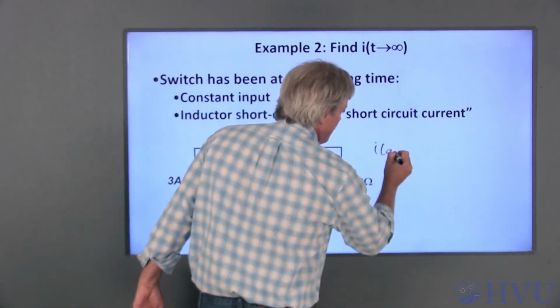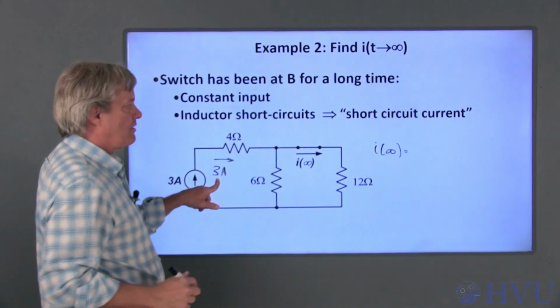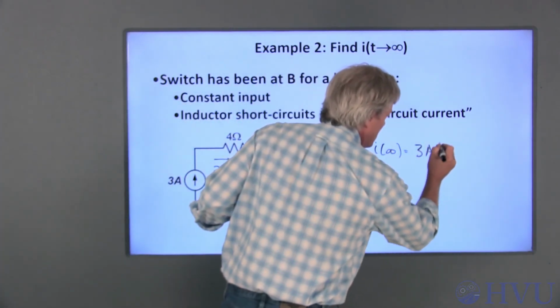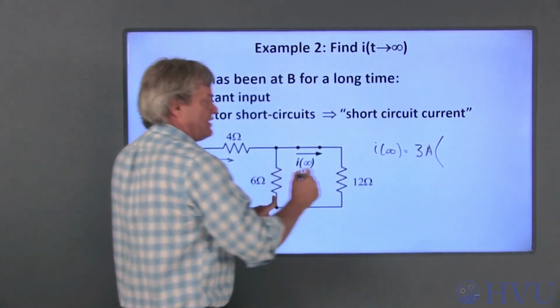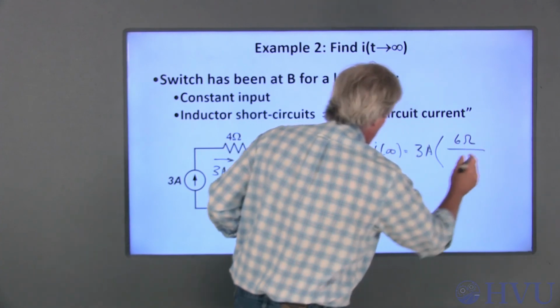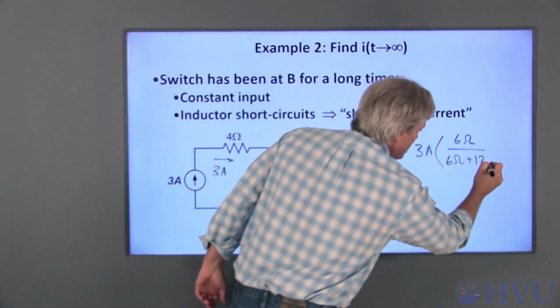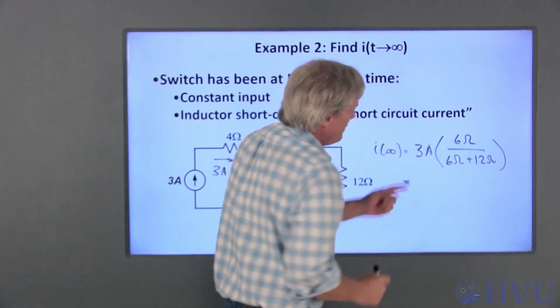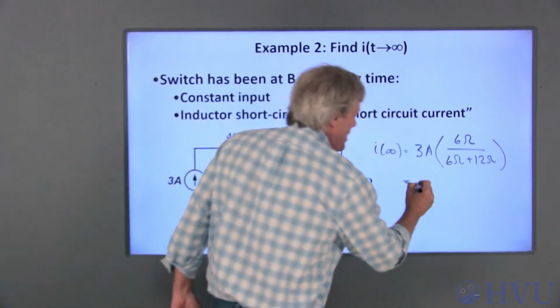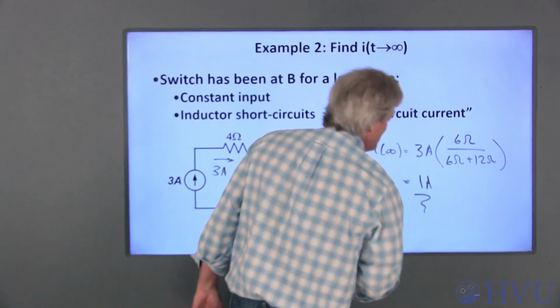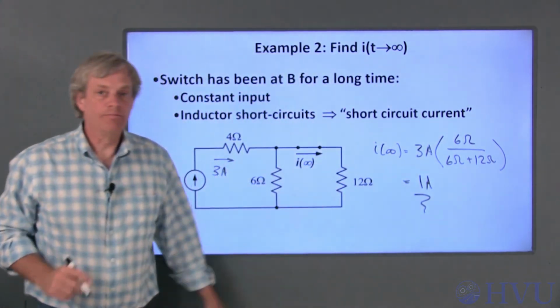So I at infinity is the total current, 3 amps, times the other resistance, which is 6 ohms, over the sum of the two resistances, 6 ohms plus 12 ohms. This is 1/3 of 3 amps, so 1 amp is the final inductor current.